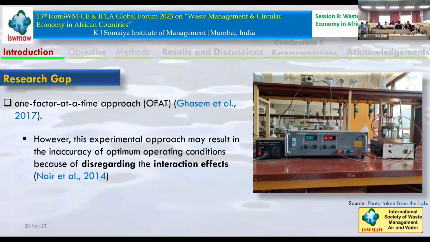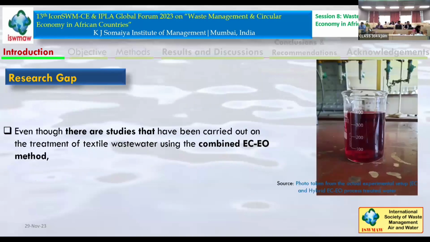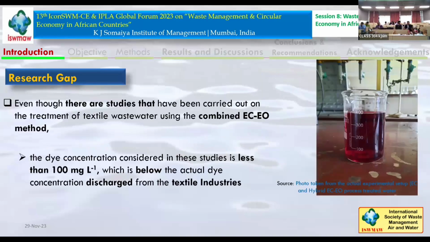The other research gap is that, even though studies have been implemented using this hybrid electrocoagulation and electrooxidation process, most of the literature shows that they use a dye concentration below the actual dye concentration discharged from the textile industry, which is less than 100 milligrams per liter.